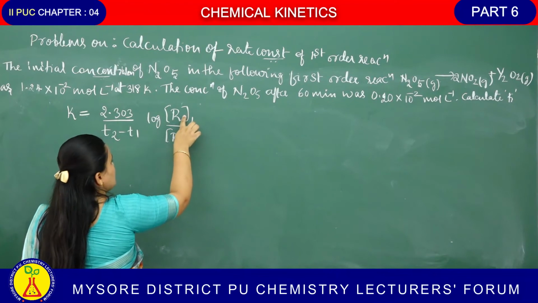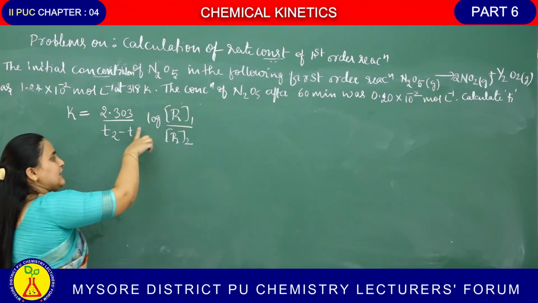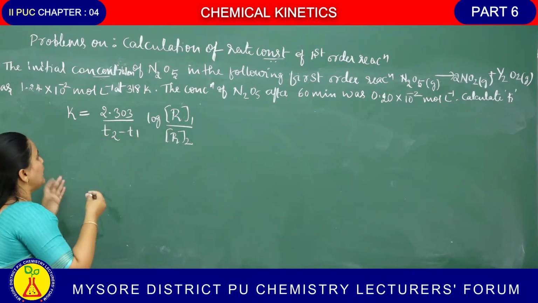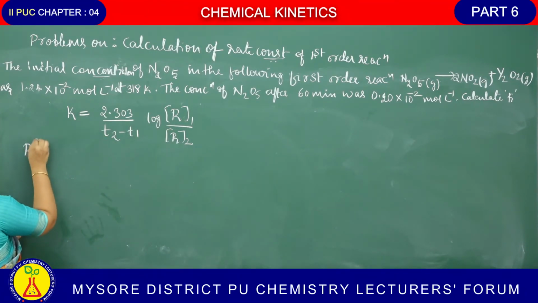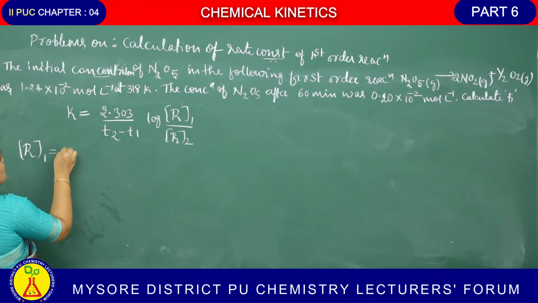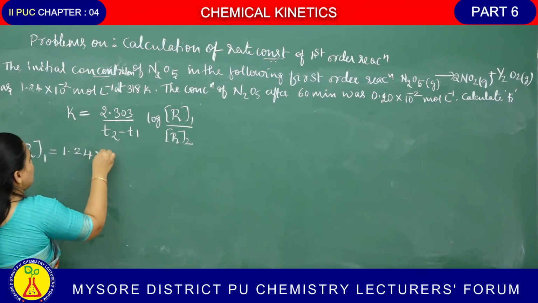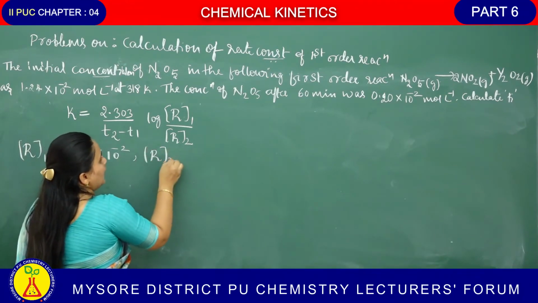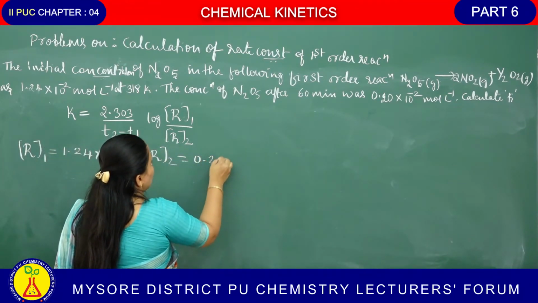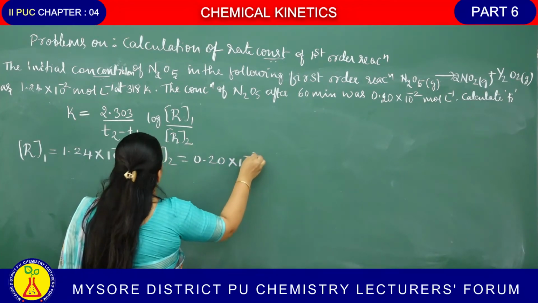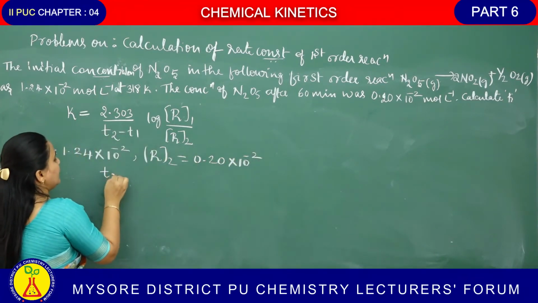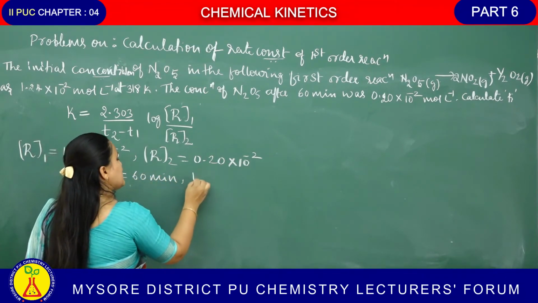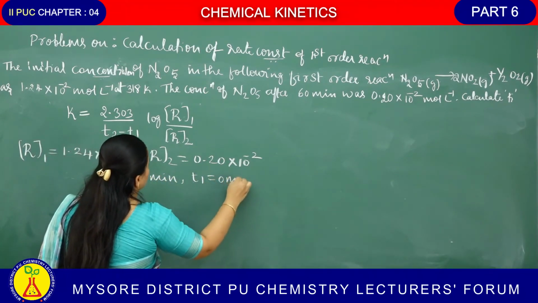R1 is the initial concentration, the concentration of the reactant at a time T1, and R2 the concentration of the reactant at a time T2. Okay, R1 is mentioned in the question already. R1 is how much? 1.24 into 10 power minus 2. R2 is mentioned 0.20 into 10 power minus 2. T2 final time is mentioned 60 minutes. Initially it was 0 minute.